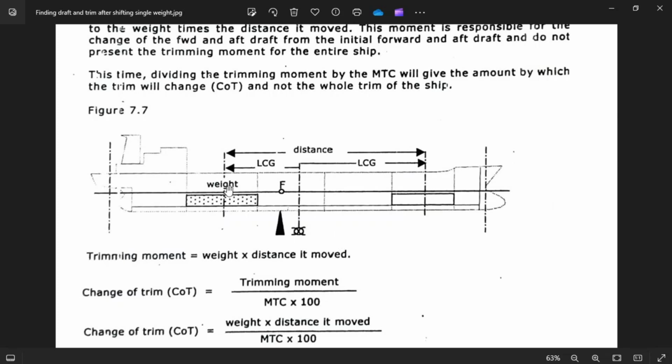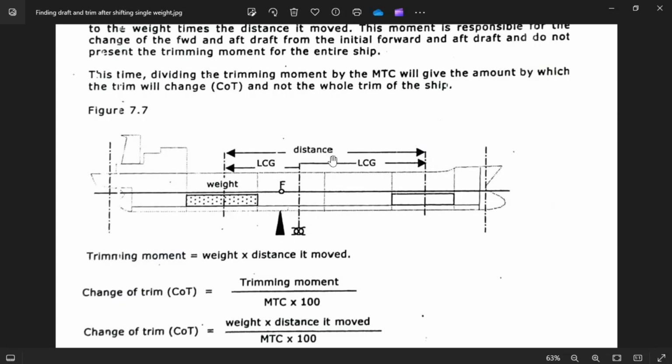Okay, so the distance from the middle of FOT tank number four to the center weight of FOT tank number one will be this distance. So LCG of FOT tank number one plus LCG of FOT tank number four will be your total distance from FOT number one to FOT number four.